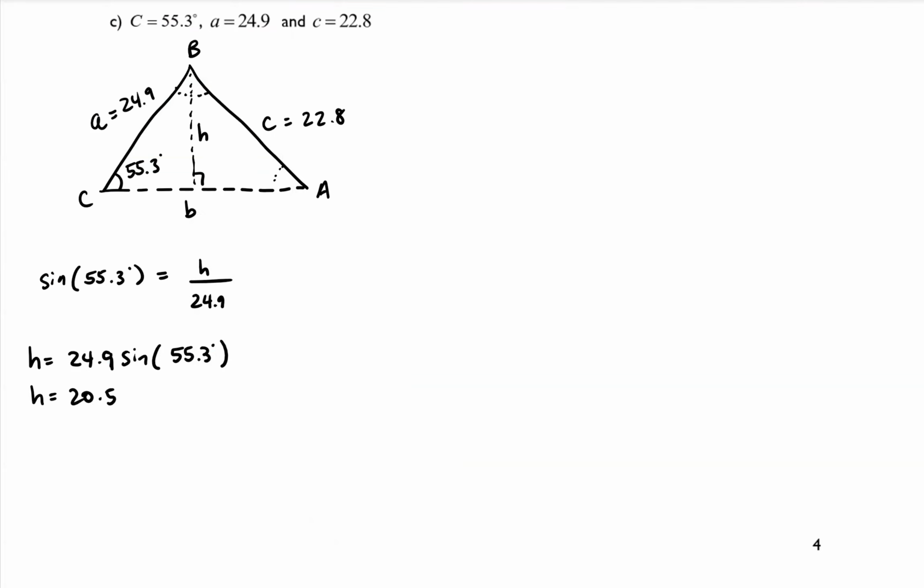Okay, so our height is smaller than this length here, which creates the case where we are going to have two possible triangles. So this is one possible triangle.